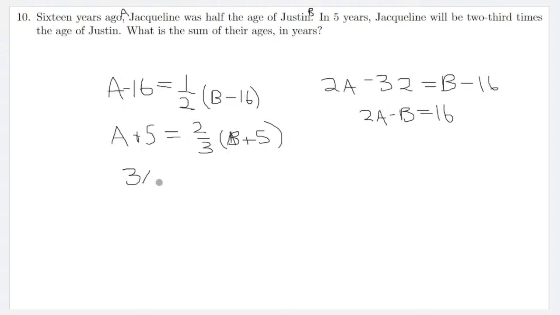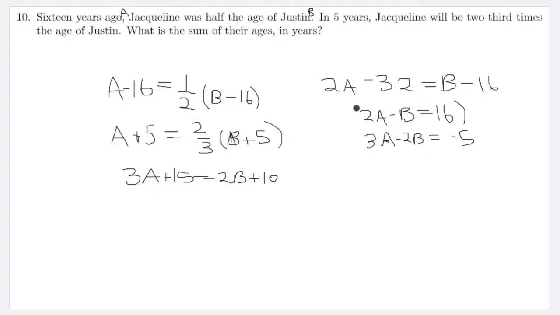So 3A plus 15. And then we'll distribute the 2 into the right-hand side. So 2B plus 10. And so move the letters to the same side. 3A minus 2B equals negative 5.